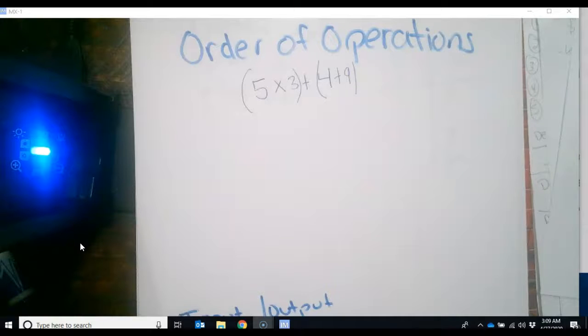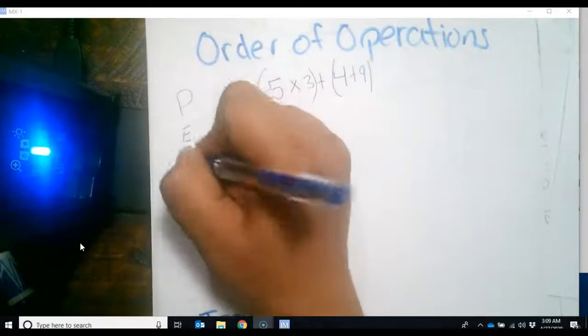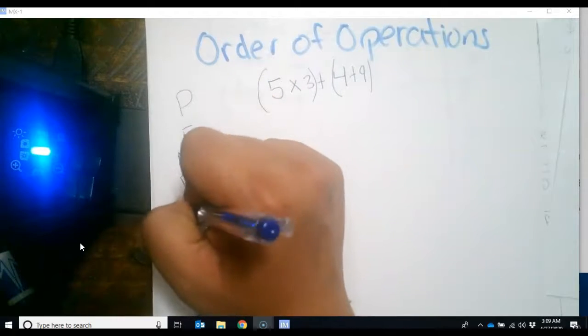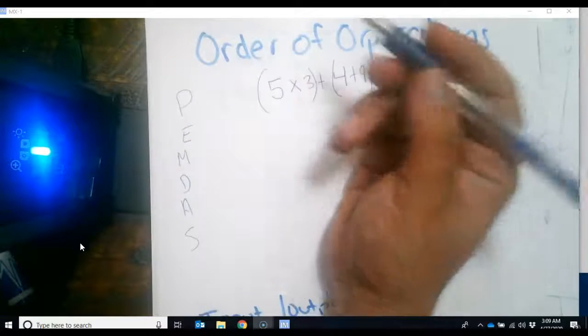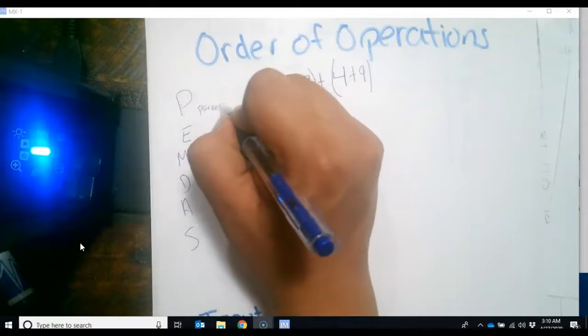Alright, so for this lesson, we are reviewing order of operations. Remember, we're using PEMDAS, and a lot of you remember that, I'm pretty sure. This is the order that we solve problems. The P stands for parentheses.